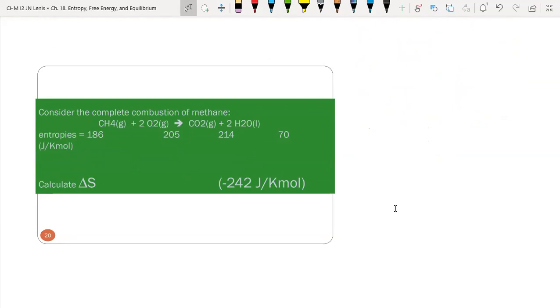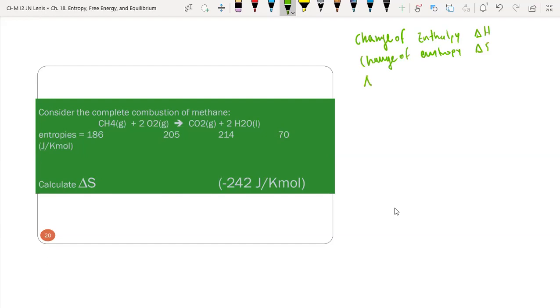Since we just learned that we can measure the change of enthalpy and the change of entropy, which is delta H and delta S.